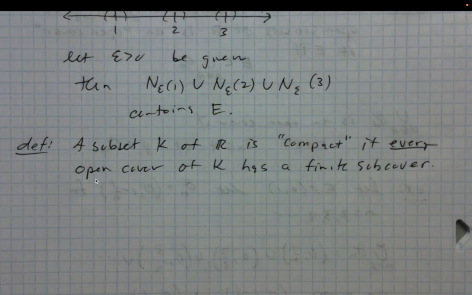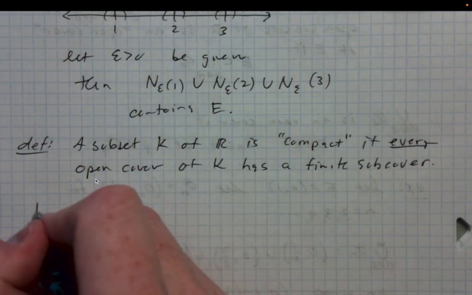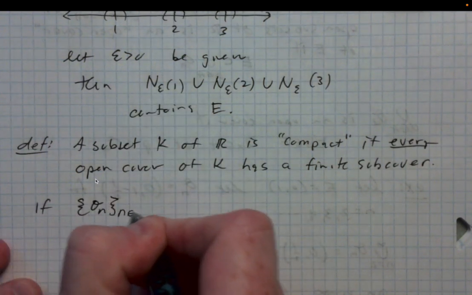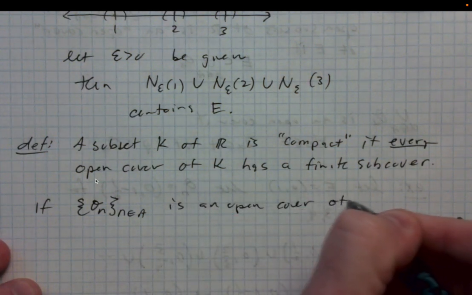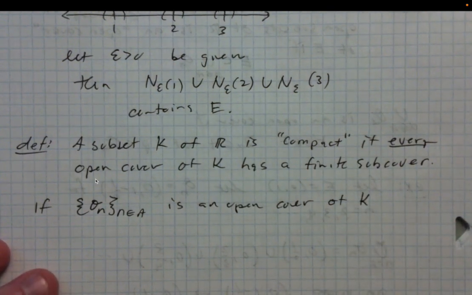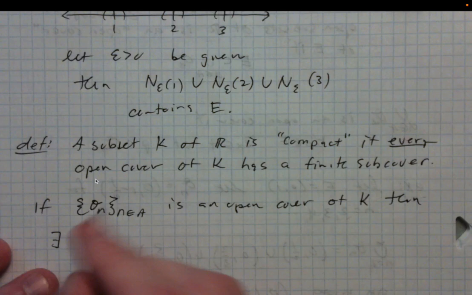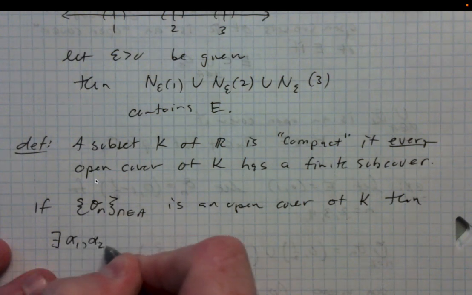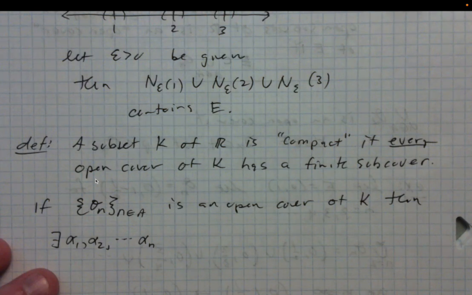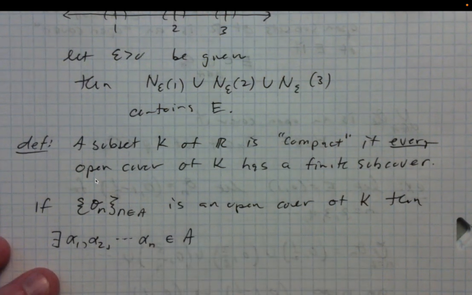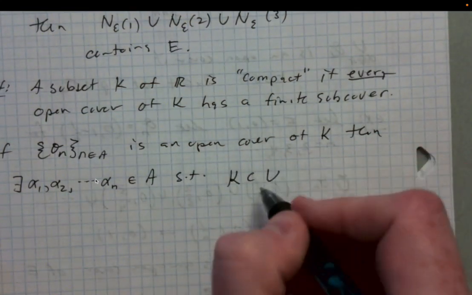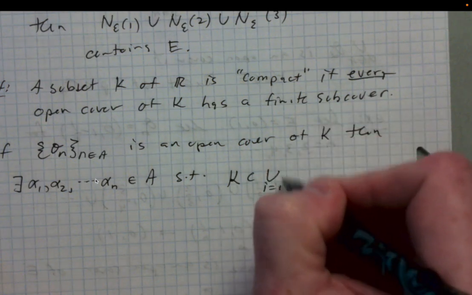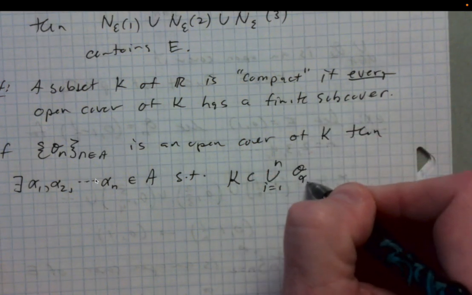Another way to write that, just to elaborate, is: if O sub alpha, alpha in A, is an open cover of K, and K is compact, then there must exist alpha 1, alpha 2, through alpha n in this index set A such that K is a subset of the union from i equals 1 to n of O alpha i.